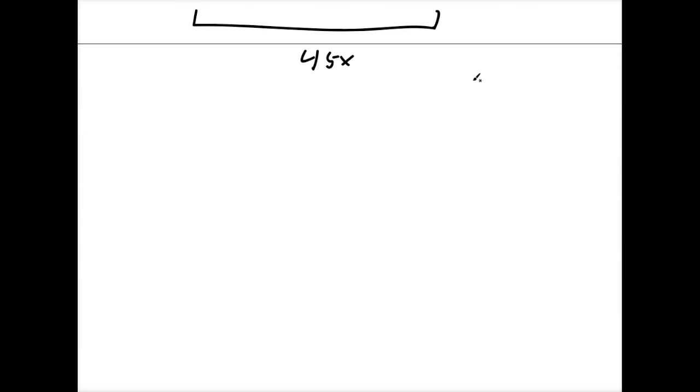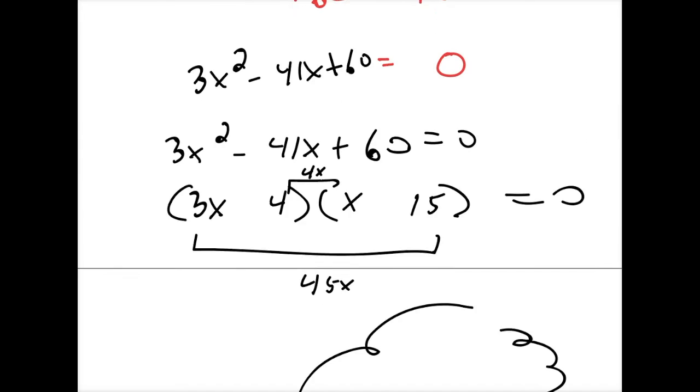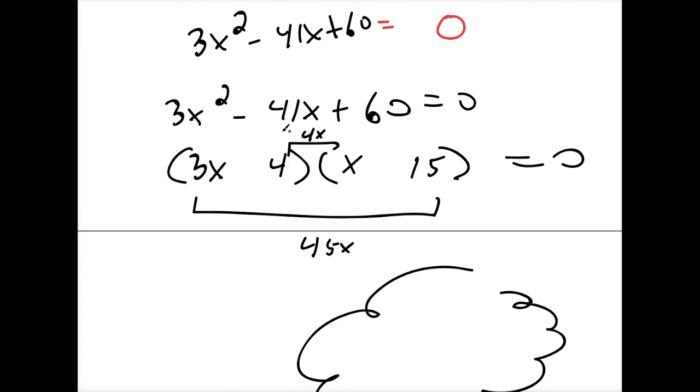So we go into our thought bubble. And we say, well, 41 is negative, which means the more powerful of the two numbers has to be negative. 45 is more powerful, so it's going to be negative 45 when it's up against the wimpy 4. So that means I have to have a negative 45 and a positive 4.